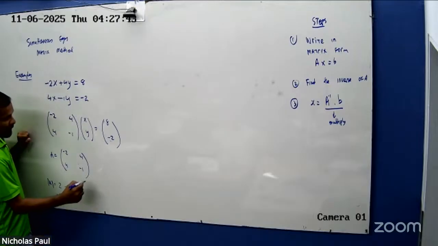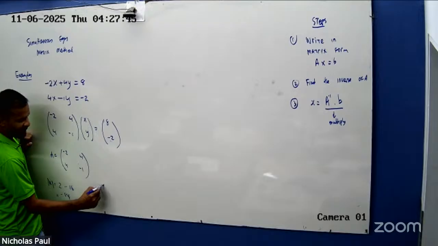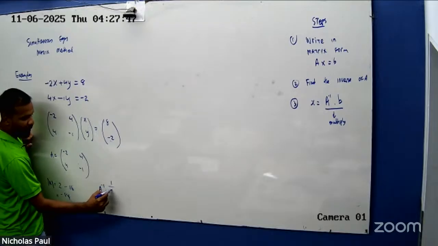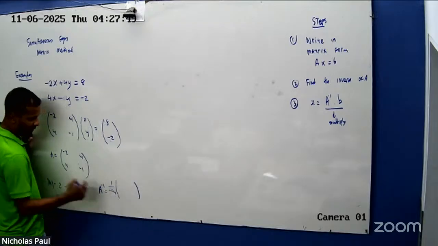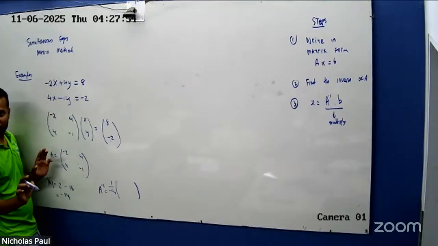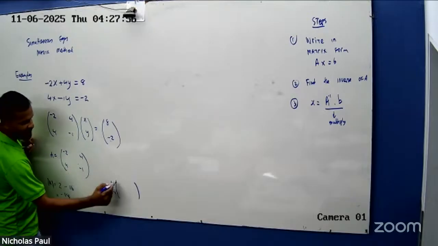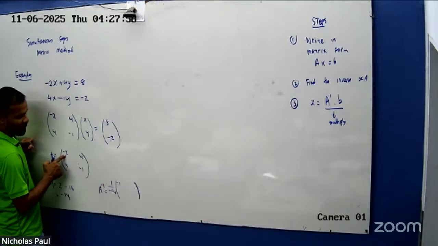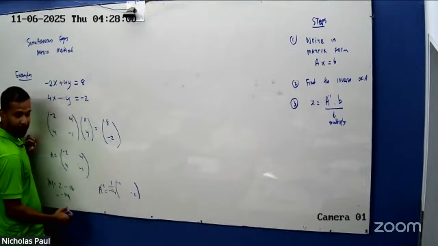Next step is to get the inverse. The inverse is 1 over minus 14, by, change the position of these two values, that's all. Keep them the same, but change the position. Minus 1 comes here, minus 2 comes here.